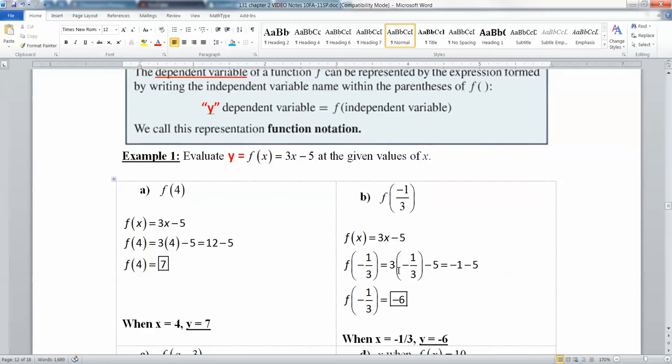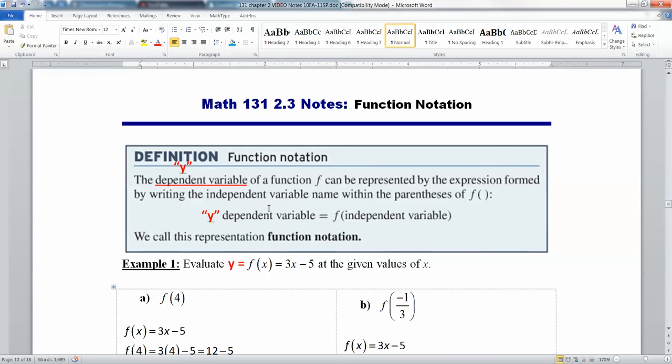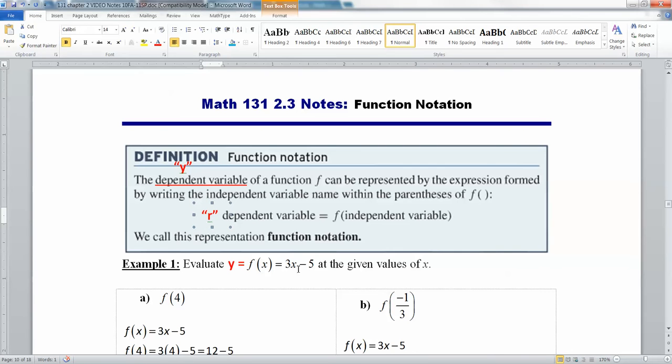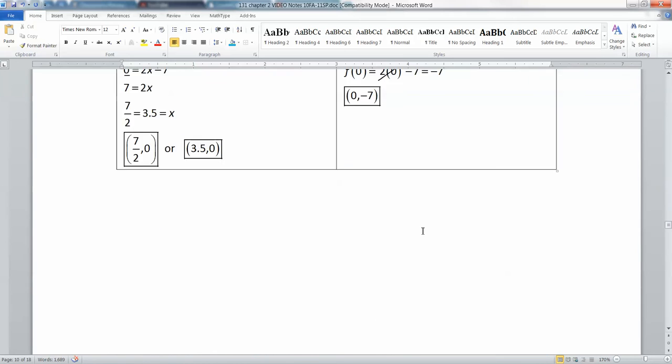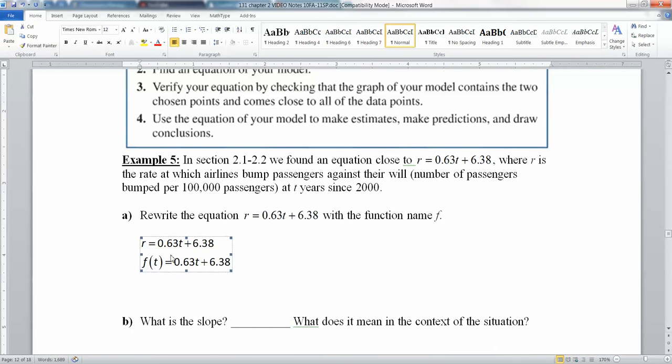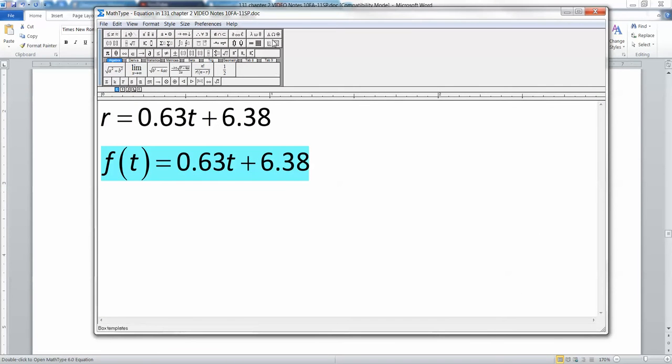Let me say it again: instead of writing the dependent variable, which in your case was r, you're going to write f of your independent variable. Like in this case, you wrote f parentheses t. You didn't write the letter r, you wrote f parentheses t. Instead of writing the letter y, you write f parentheses x. So for us, we didn't write r, we wrote f of t. That's what they were looking for. That's our answer right there.